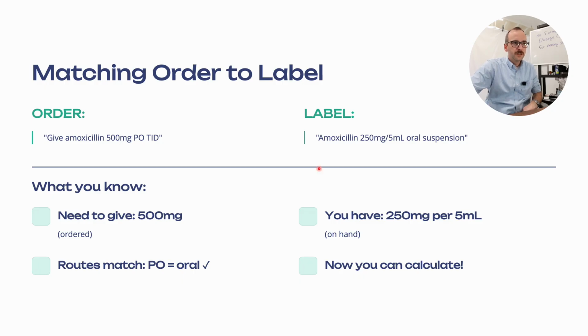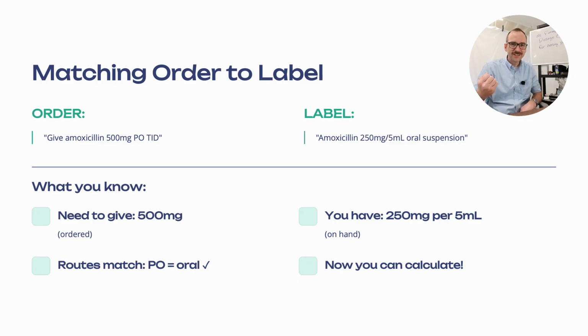Now I'm looking over at the label. I have amoxicillin, so my drug's the same. 250 milligrams per 5 mLs oral solution. So my route matches because I've got PO, which means oral here, and I've got oral suspension here, which means it's supposed to go in the mouth. 250 milligrams to 5 mLs, that's what I need.